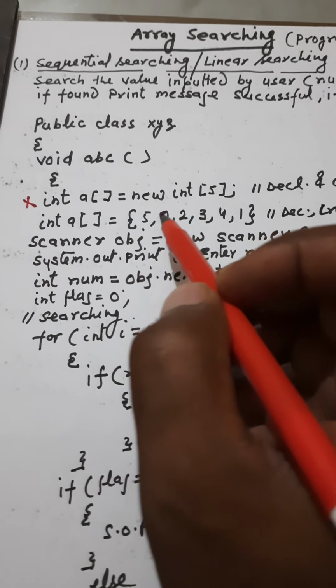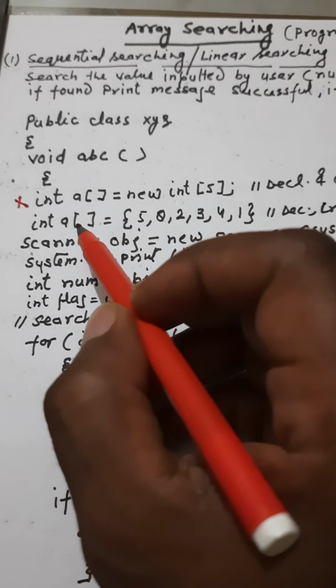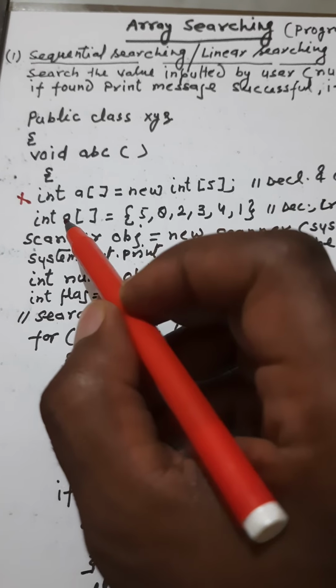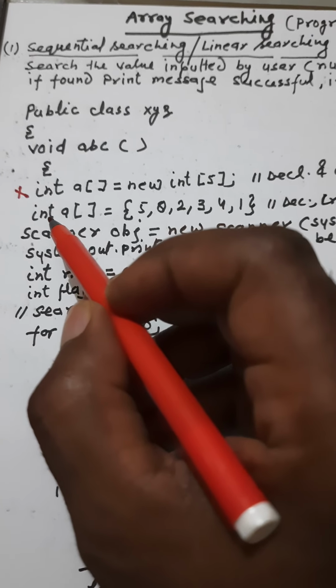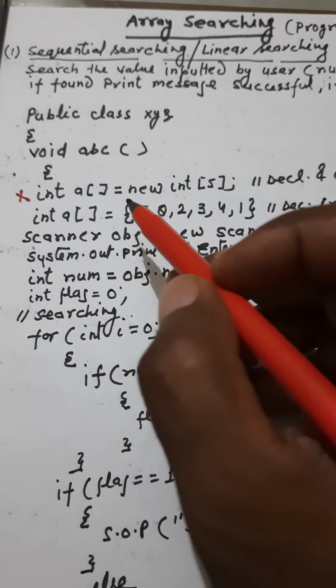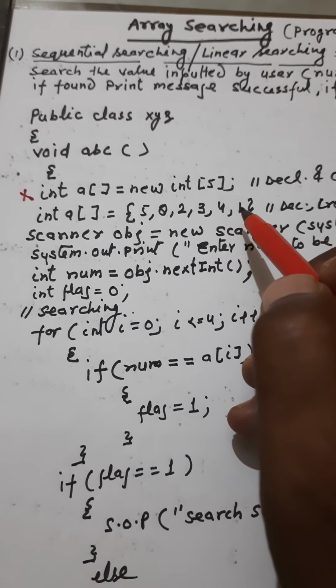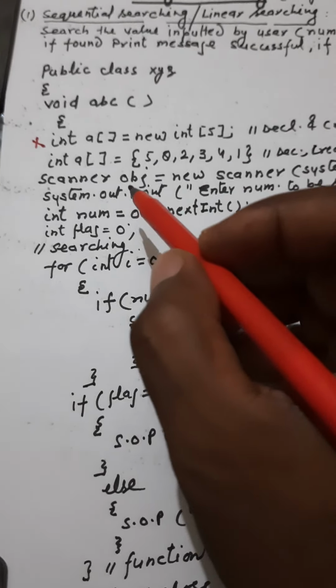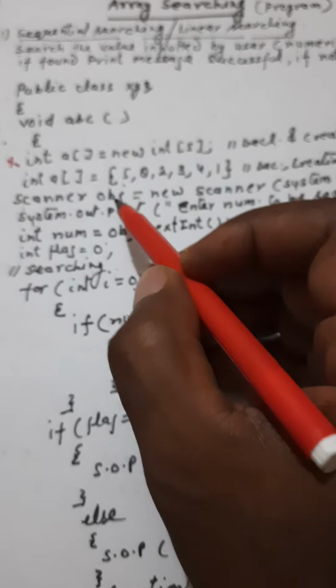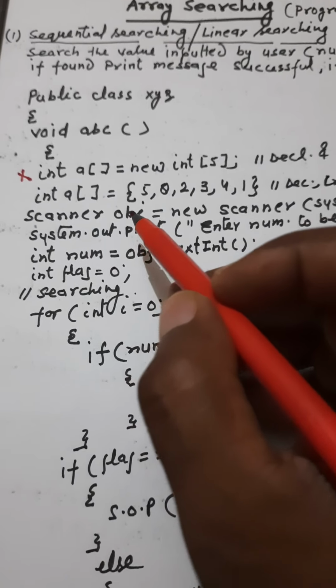All three things are happening here. The array is going to be declared as an integer data type, and how many values is it storing? 5, right? Then I am creating the object here.